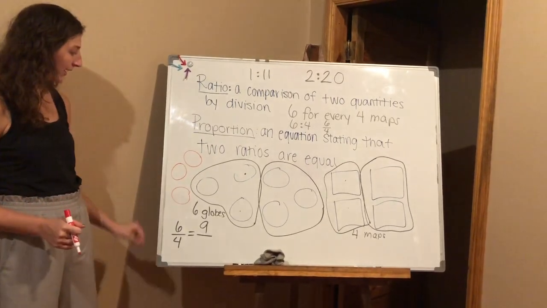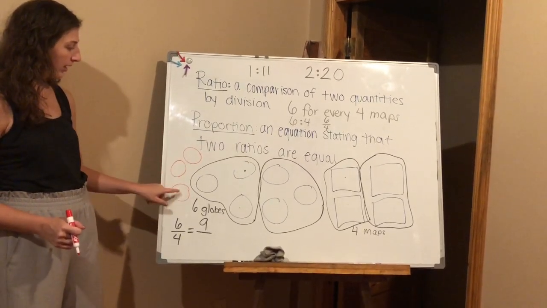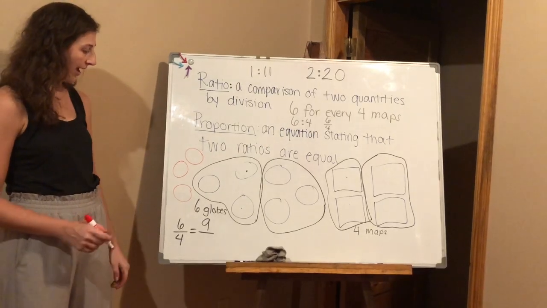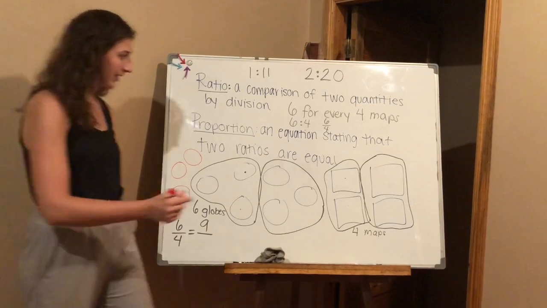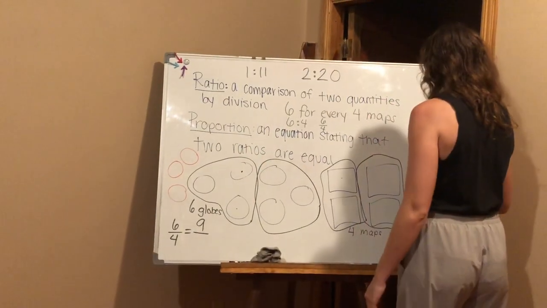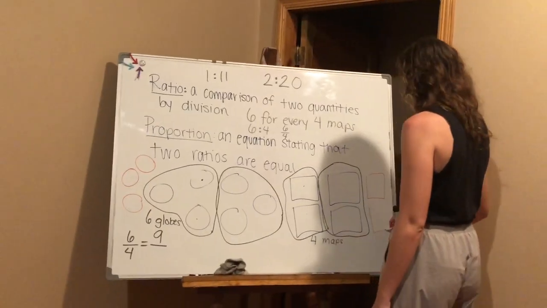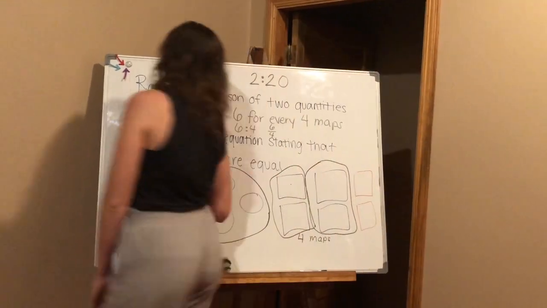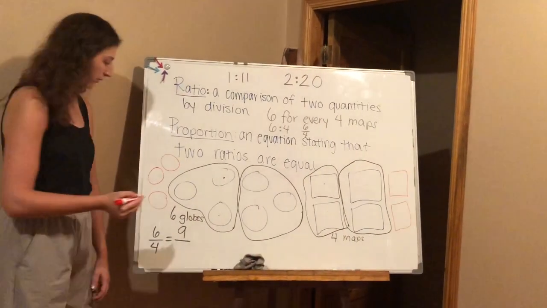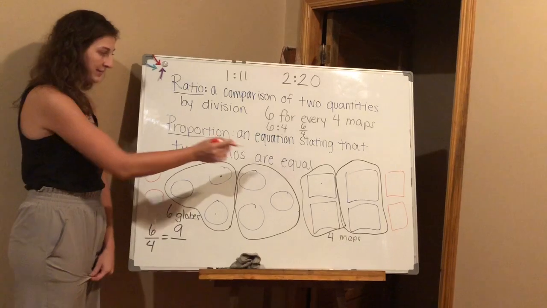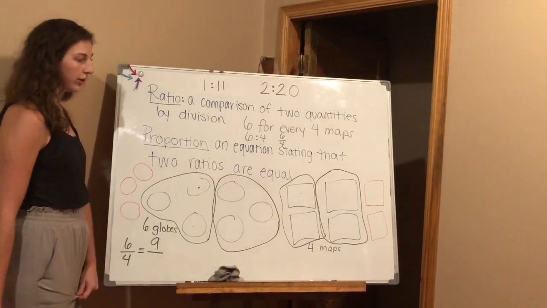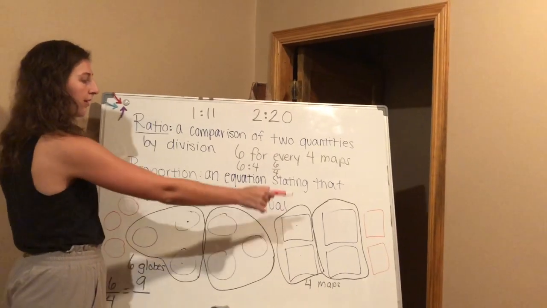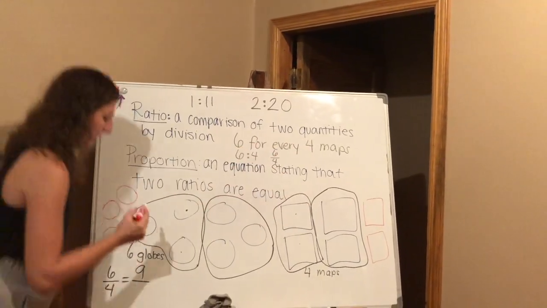For every 3 globes, we have 2 maps. So we need 2 more maps for our proportions to be equal. So how many maps do we have now? We have 1, 2, 3, 4, 5, 6, 7, 8, 9 globes, and 1, 2, 3, 4, 5, 6 maps.